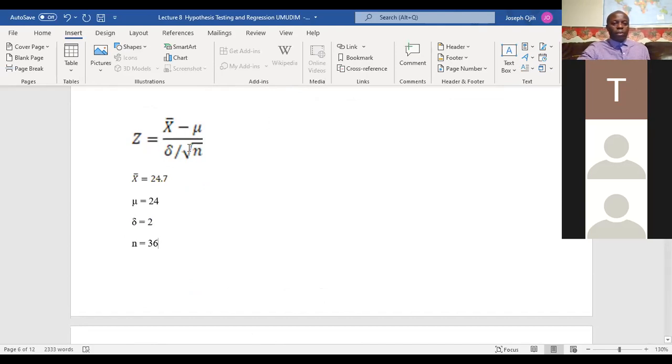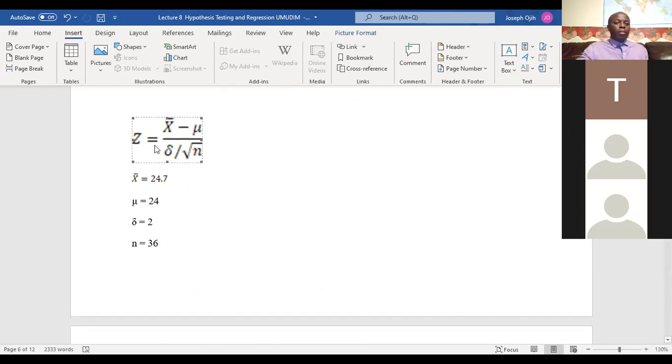Now, when you plug all this into this formula, you're going to get this. To make it fast, I'm going to copy this formula and put it right here. Let me write all this down. The mean is 24 years, the standard deviation is 2, and the sample size is 36.